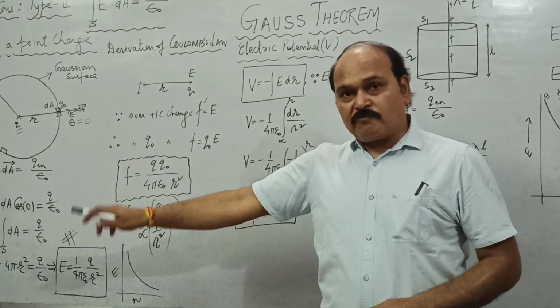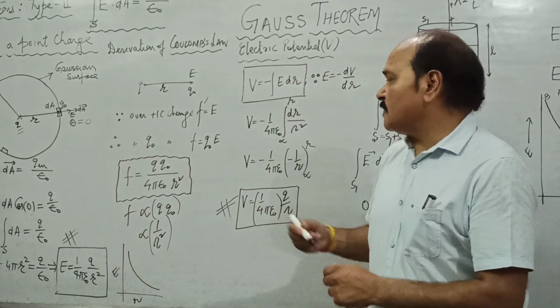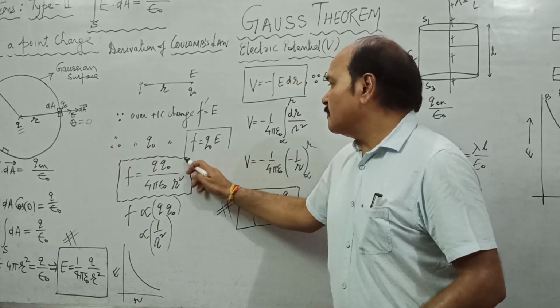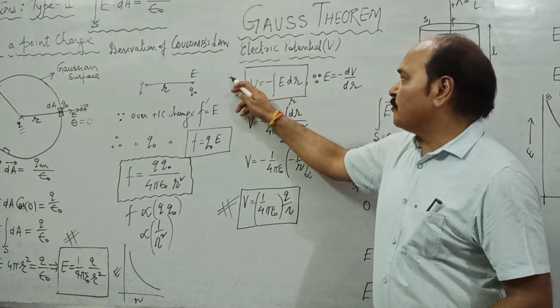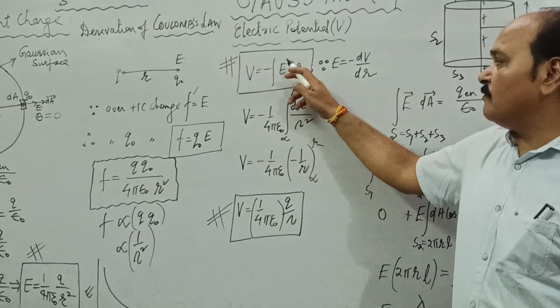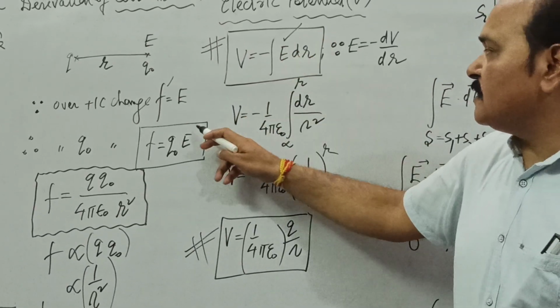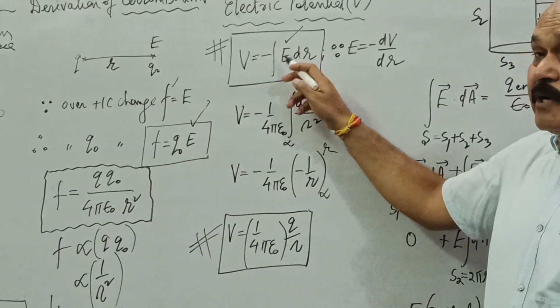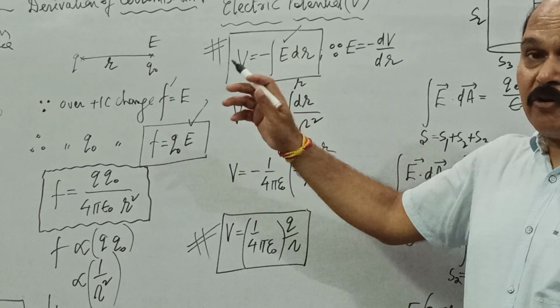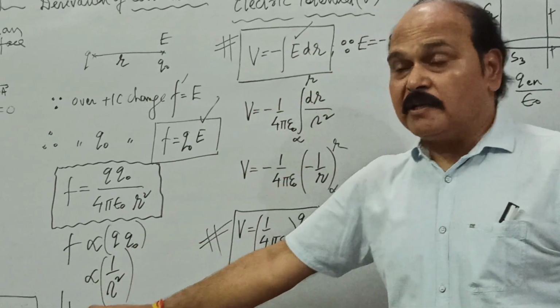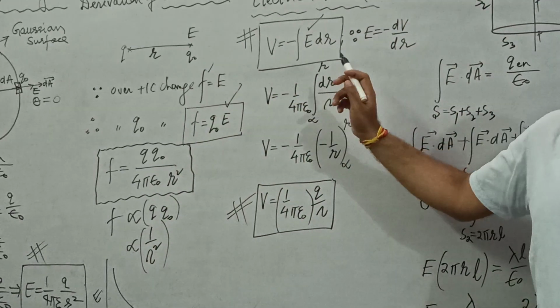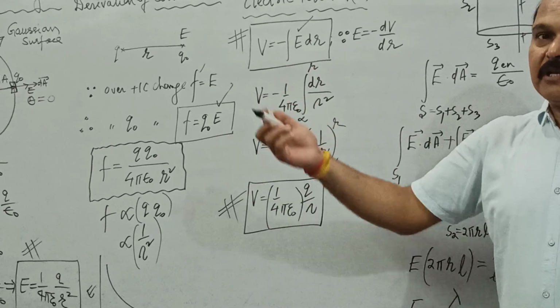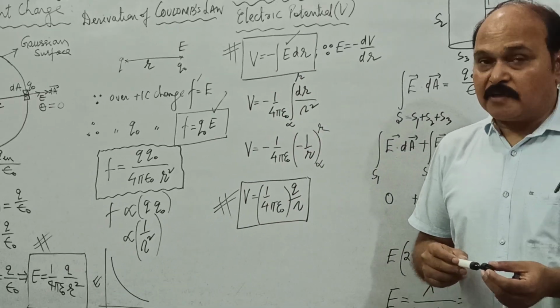We can work it out once we have found out E using this relation of force, and also we can find out electric potential using this relation once we have worked out E. See, in both the cases, E is used for finding out force and for finding out electric potential. In all other cases, we would just be finding out E, but you can work out these on your own as and when required in any exam.